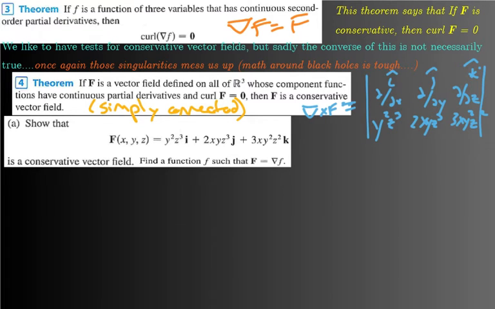This is just my gradient crossed with F. If this thing works out to be 0, then it's going to mean that this field is conservative.